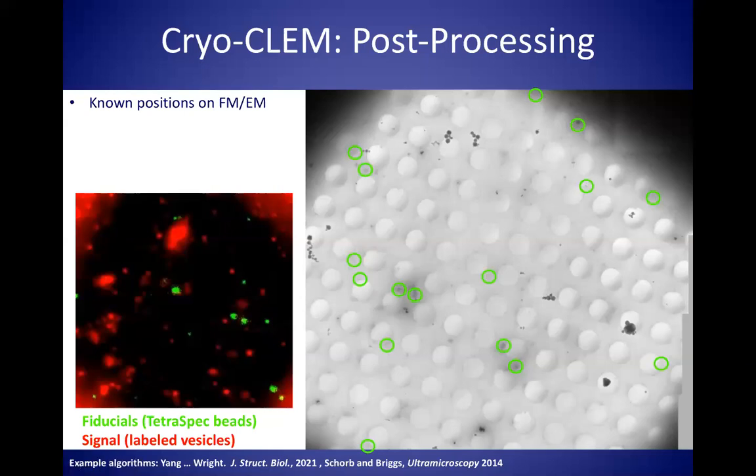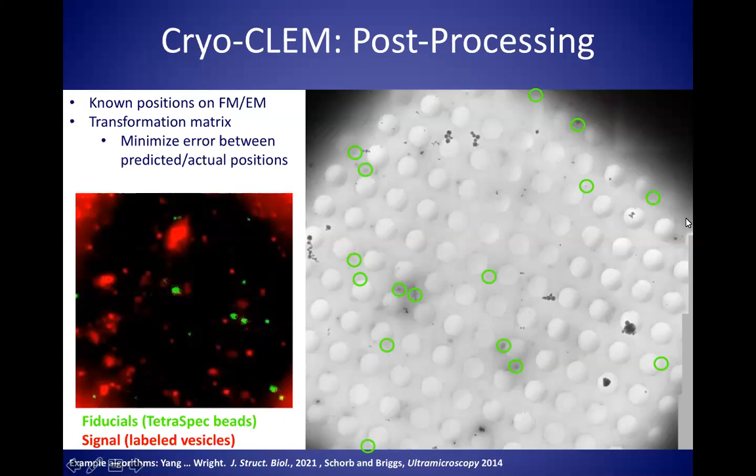I think fiducials tend to give a little bit better precision still. And then we compute a transformation matrix that minimizes the error between predicted and actual positions on the EM grid. So we're always moving from the fluorescence to the EM. So you stretch and manipulate the fluorescence map and overlay it onto the EM map, not in the other direction.